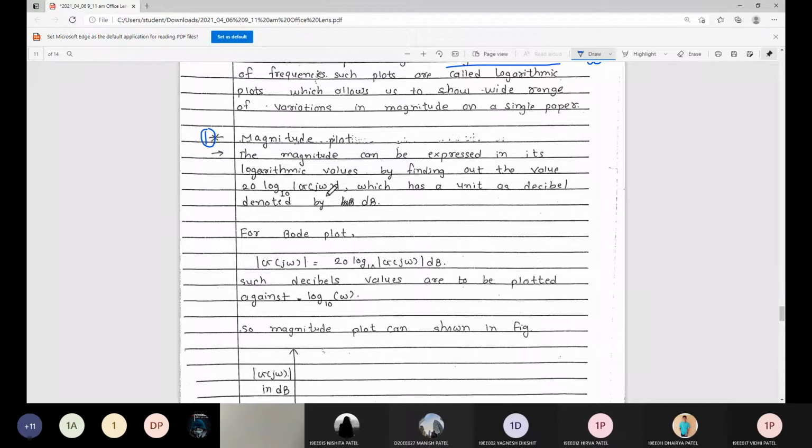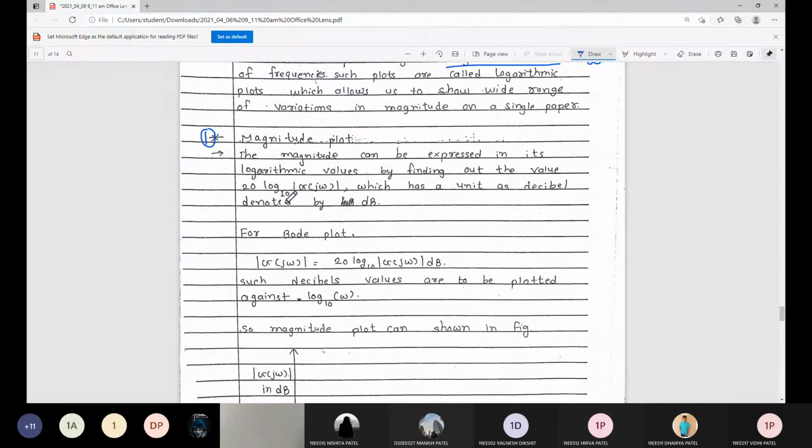So we will have G of j omega. We are replacing s with j omega. Why? Because we are doing frequency domain analysis, so it will be G of j omega, which has a unit in decibel, denoted by dB.